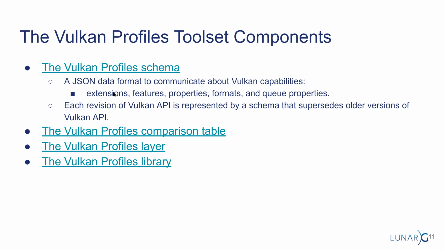The Vulkan profile schema basically stores extensions, features, properties, formats, and queue properties. For every release of the Vulkan header, we generate a new Vulkan profile schema, so that if there is a new extension, the extension will be added to the new version of the schema.